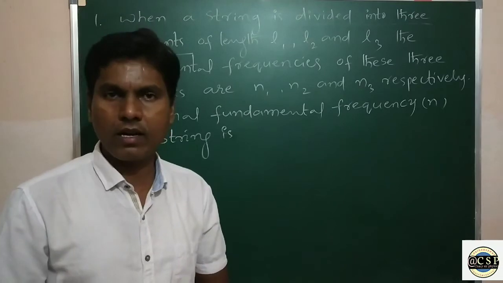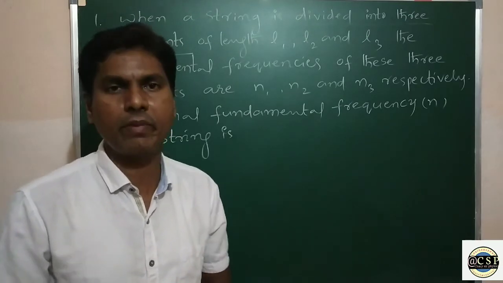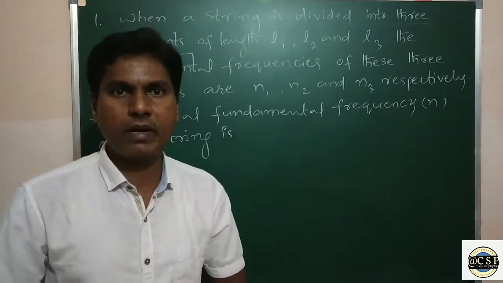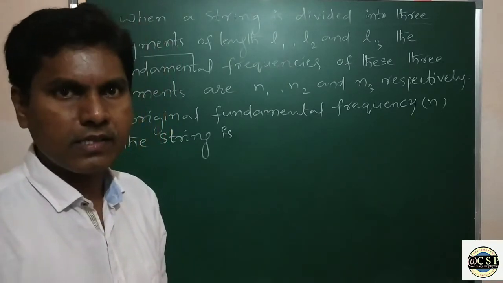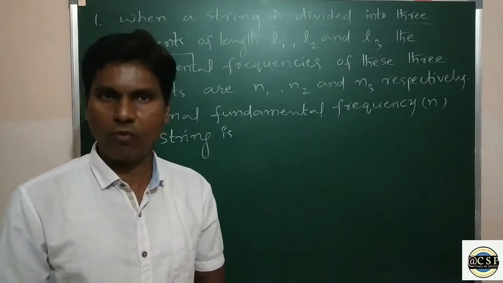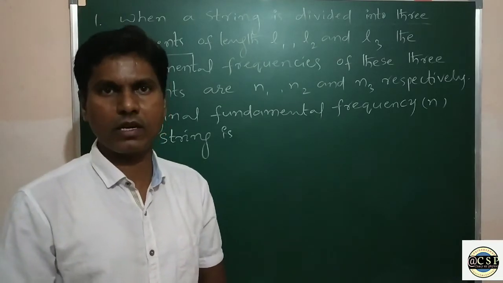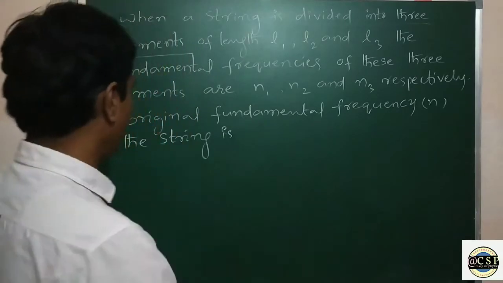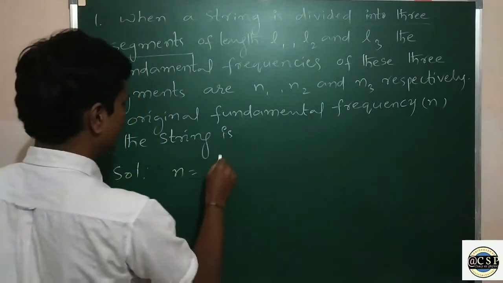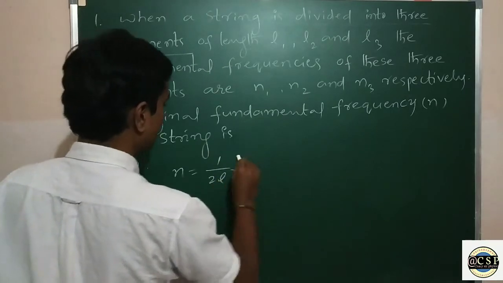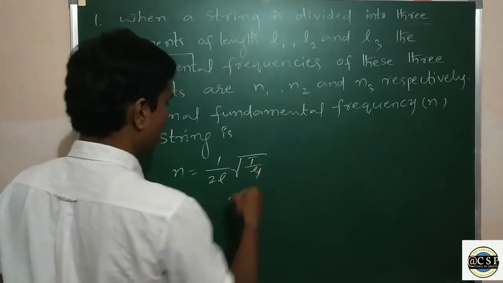We know that already we have discussed in the previous class about the fundamental frequency of a vibrating string. That is n is equal to 1 by 2L root T by mu.